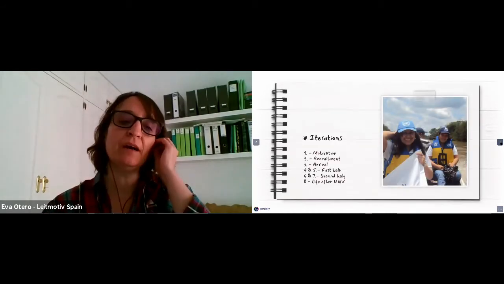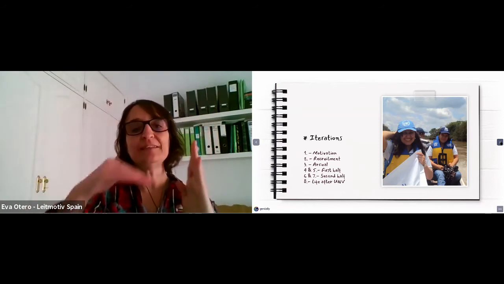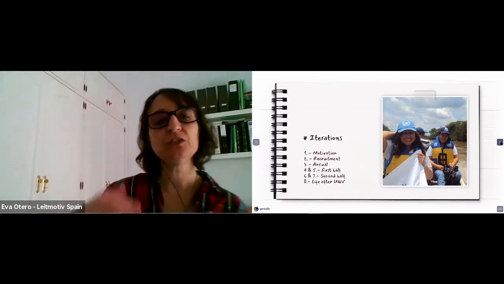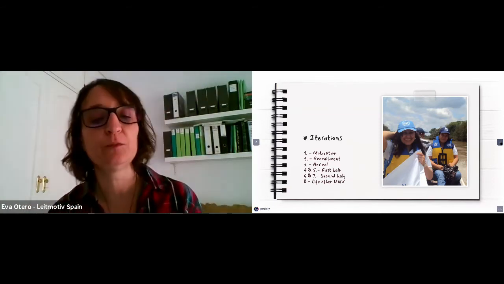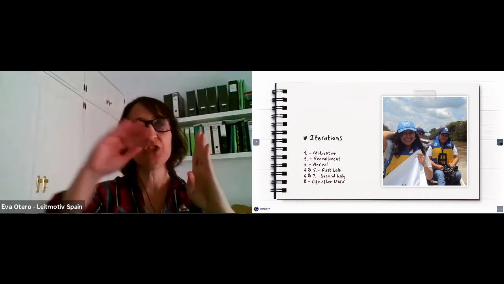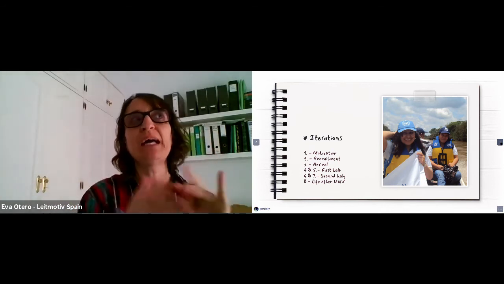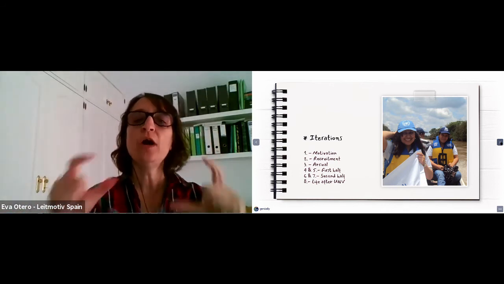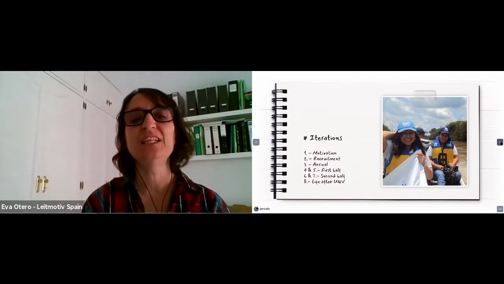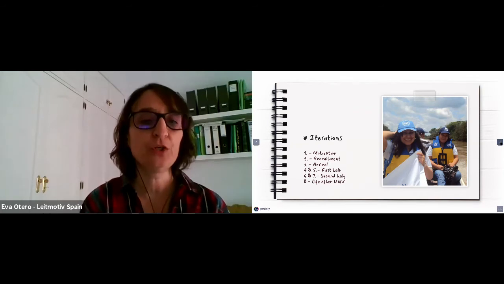We organized the exercise in eight different iterations, like the previous one that was presented by Luis. And each iteration was chronologically thematic, I would say. In the first one, we were asking UN volunteers to talk about their motivation, what brought them to UNV.